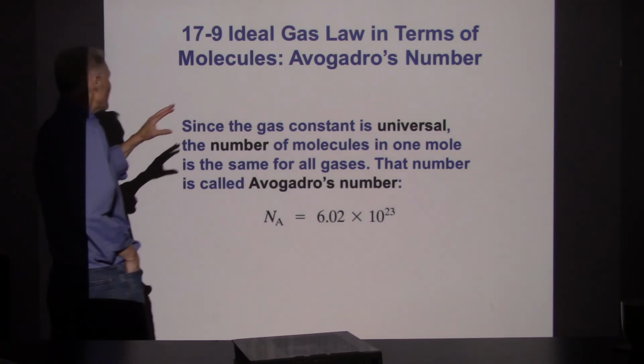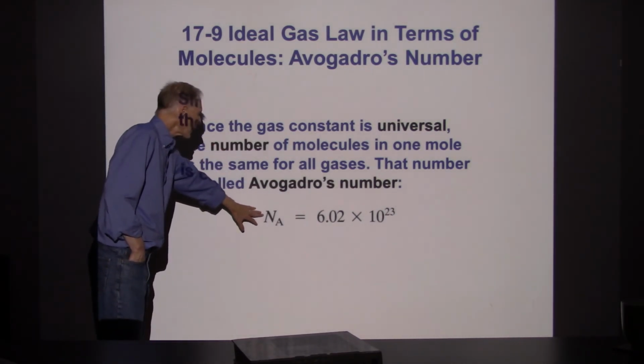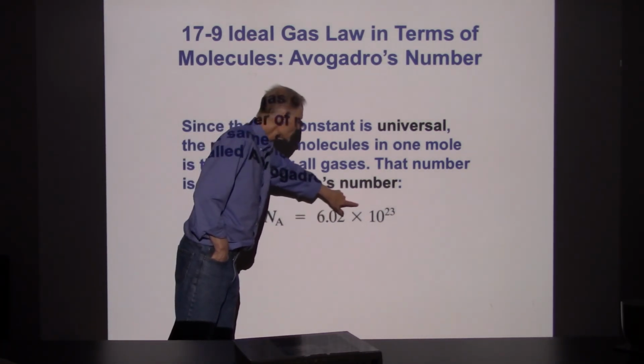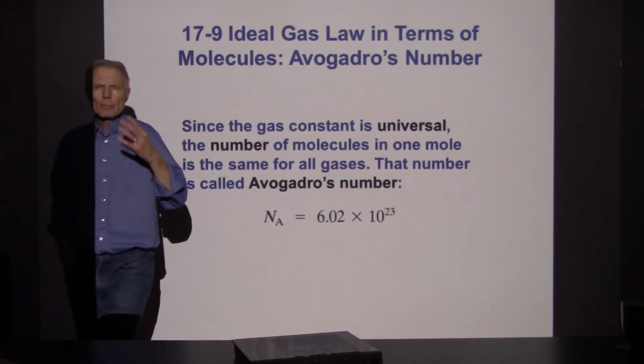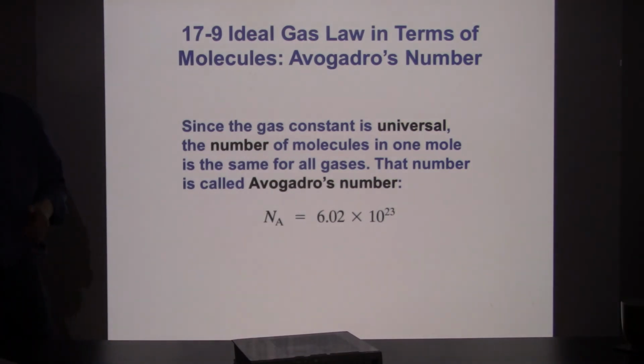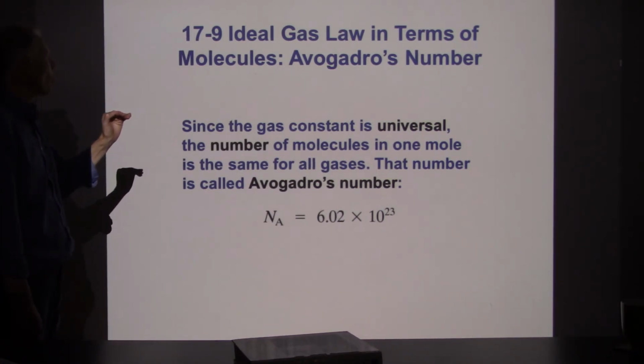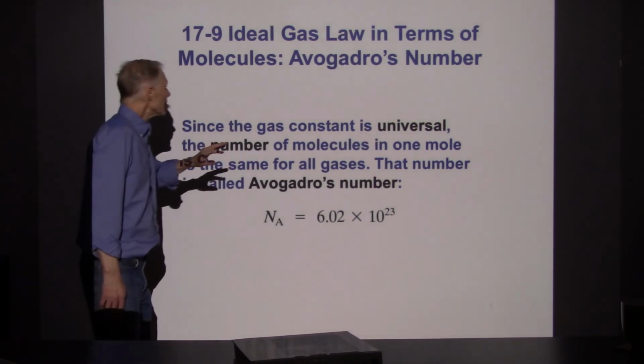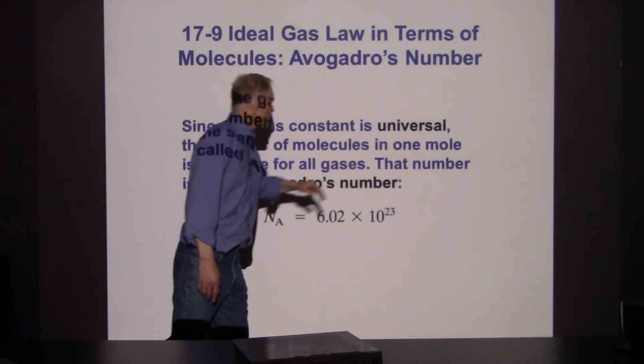Now, we've been using what we call Avogadro's number, and there it is, 6.02 times 10 to the 23rd. Everybody should aspire to have their own number. That's Avogadro's. It's just the number of molecules or atoms in 1 mole of that sample.